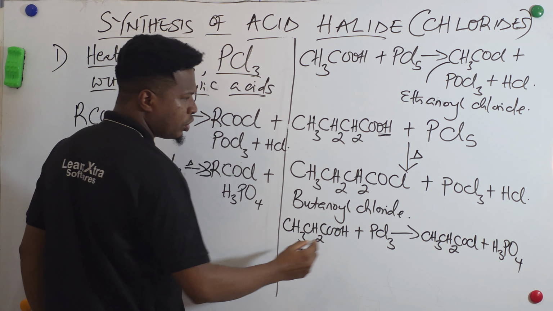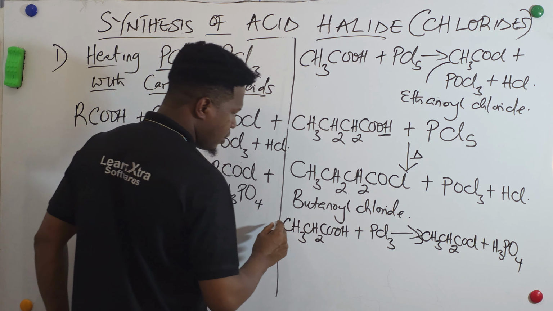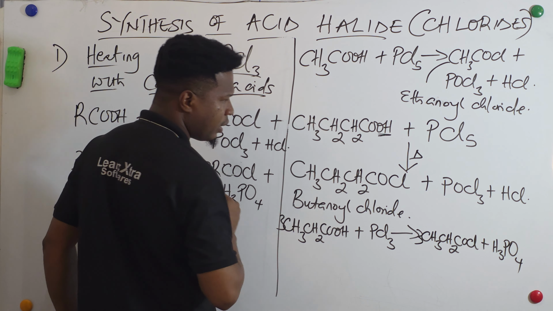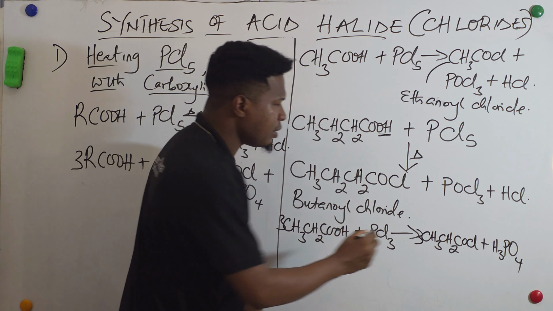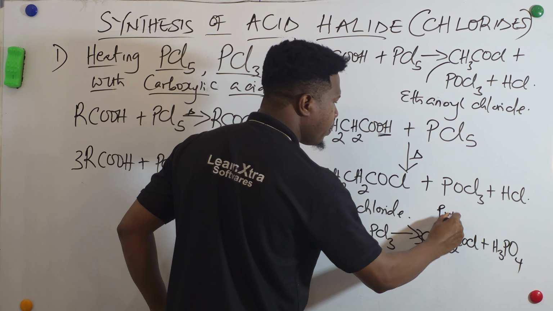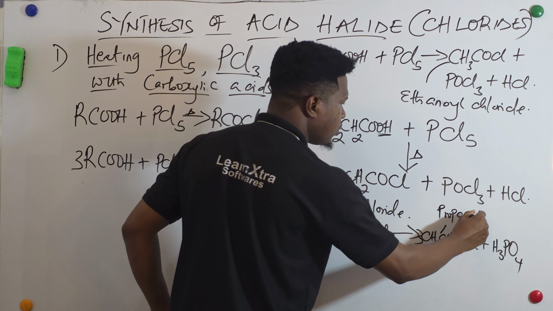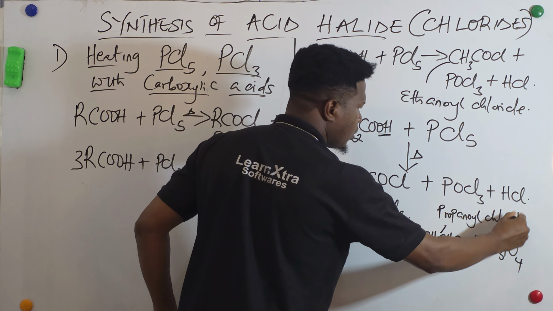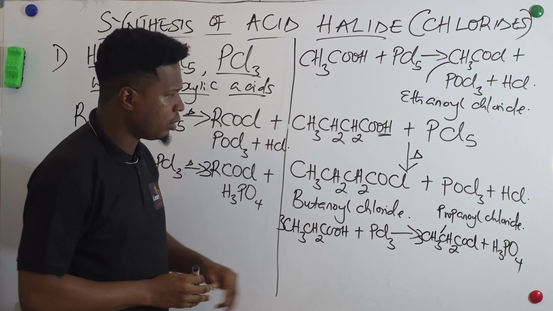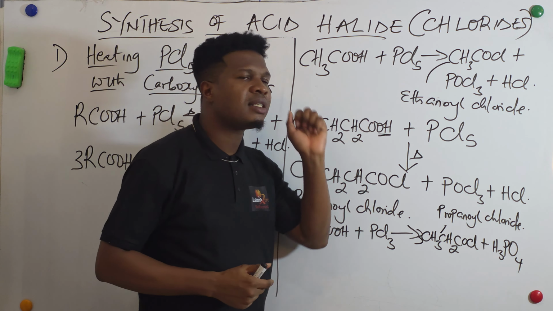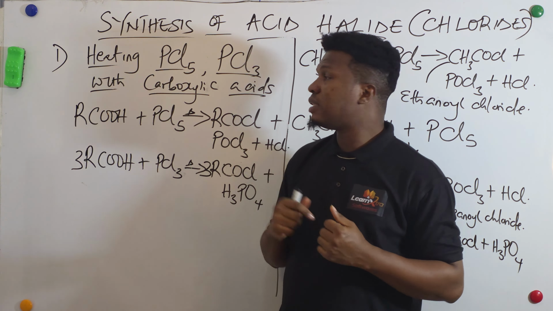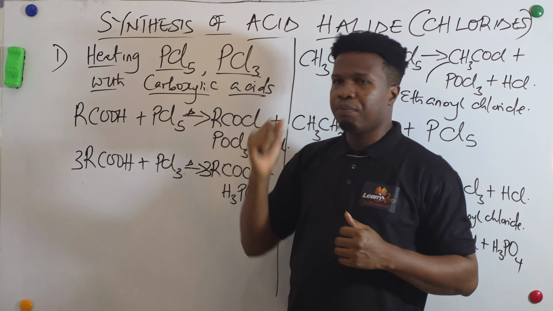To balance the equation, I put 3 here and 3 here, and that's all you need to do. This one is called propanoyl chloride: 3 carbons, 1, 2, 3. That is how to synthesize acid chlorides by heating carboxylic acids with PCl5 and PCl3.